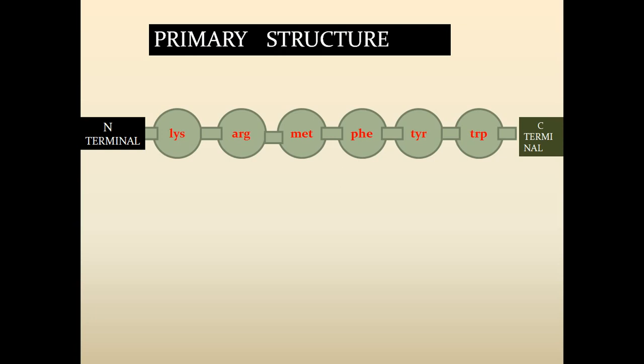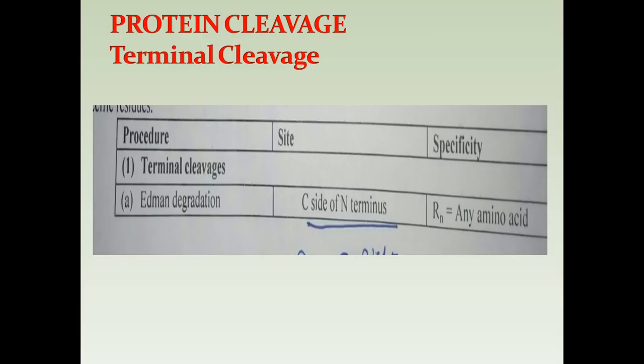Now you should know how the cleavage process takes place. Basically it is of two types. One is terminal cleavage and the other is internal cleavage.